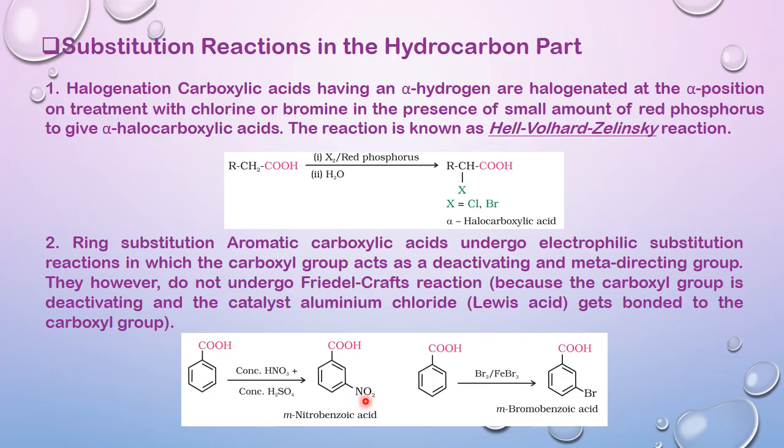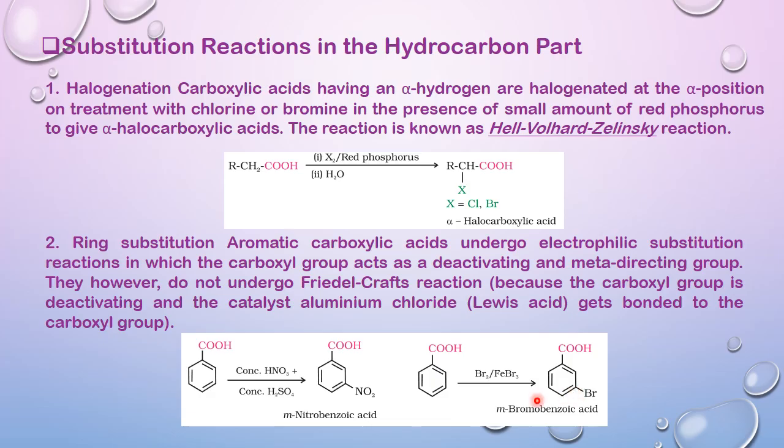as a major product. Ortho and para are very slight in amount, hence they are not considered as a major product. Whereas by undergoing the halogenation reaction, that is in presence of Br2 and FeBr3 as catalyst, we are able to obtain meta-bromobenzoic acid.